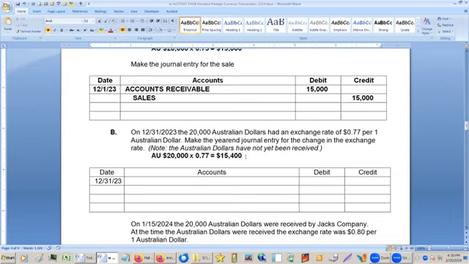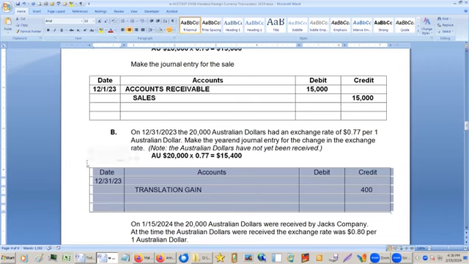Are we gonna have a gain or loss? Gain. And right now the gain is 400. So translation gain will be 400. We'll put that on the books.